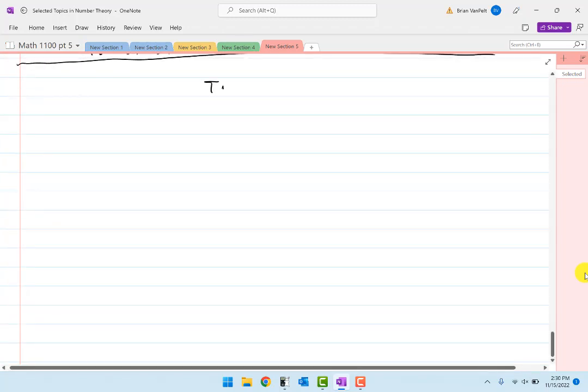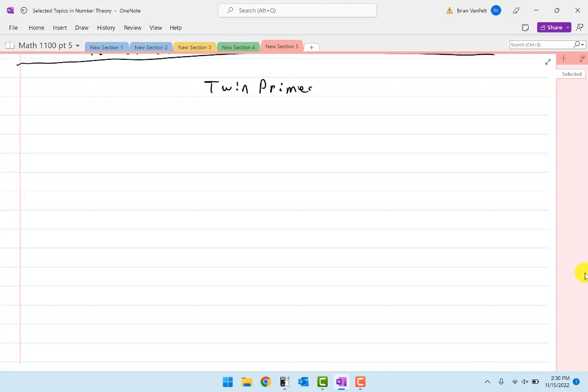The next topic, twin primes. So here would be some examples of twin primes. 3 and 5, 5 and 7, 11 and 13, 17 and 19. And this list goes on and on and on.